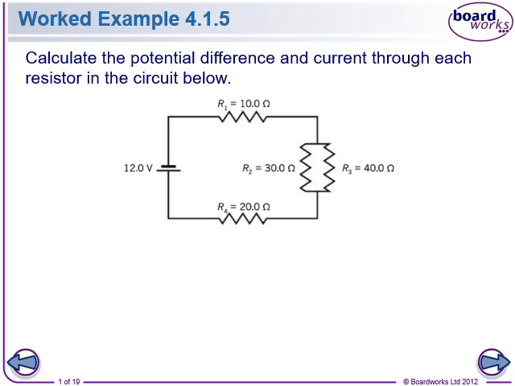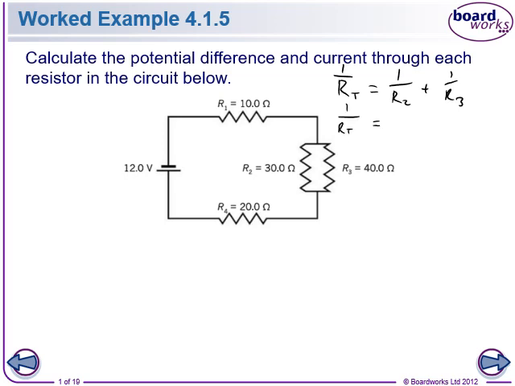So those two resistors here, remember our formula: 1 on RT is equal to 1 on, in this case, R2 and R3, just because that's how parallel works.